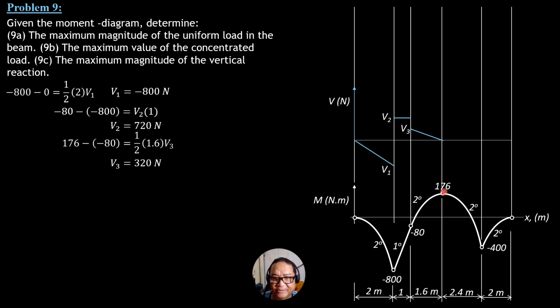Then between this point and this point, we have second degree again. It may be the continuation, but definitely it begins with 0 shear. We expect it is another triangular diagram here, first degree, because this is second degree.